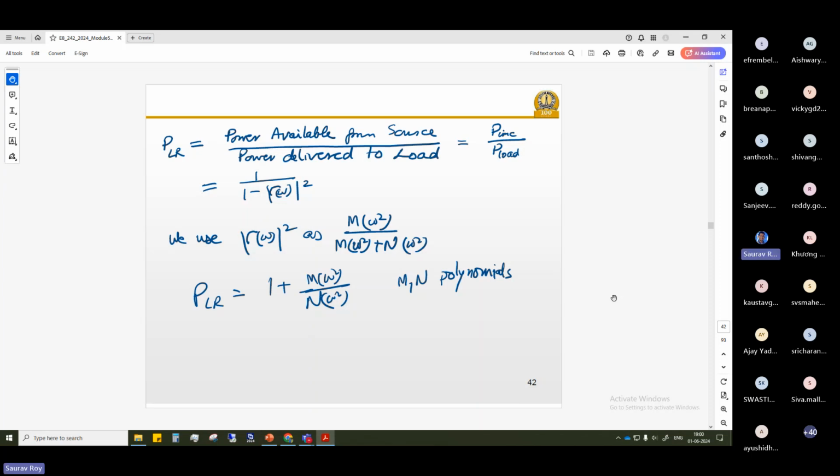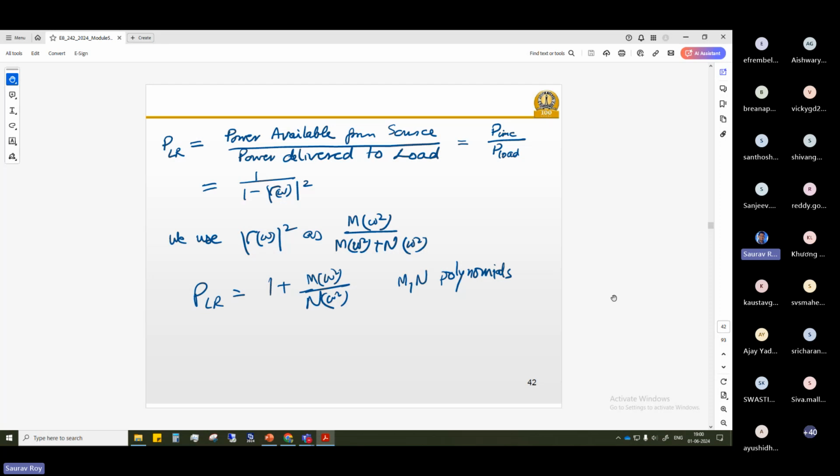The gamma square gives you the reflected power, so P in into 1 minus gamma square is the power delivered. For insertion loss we take the reverse: the source power is on top and the load power delivered is at the bottom. So the formula becomes 1 over 1 minus gamma square. That is the loss ratio or insertion loss.